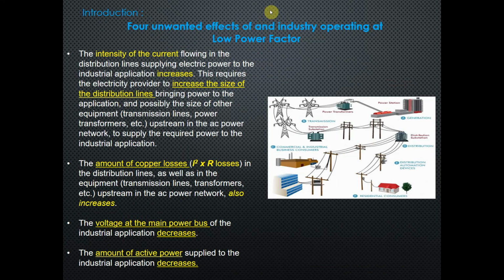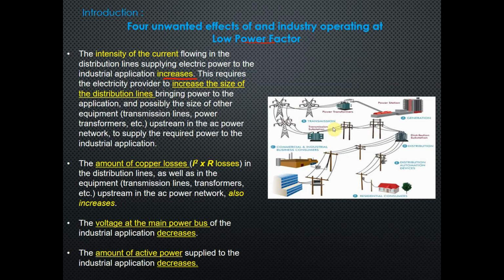Also, let me discuss the unwanted effects of an industry operating at low power factor. Number one, the intensity of the current flowing in the distribution lines supplying power to the industrial application increases. Of course, if we have a large amount of current, we need to increase the size of the conductor or the distribution lines, so we have to increase the cable.